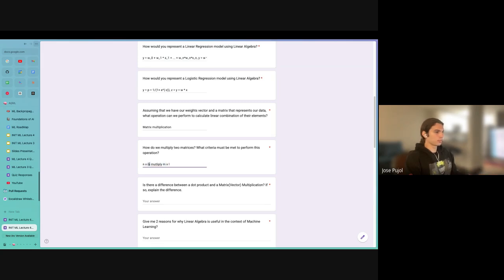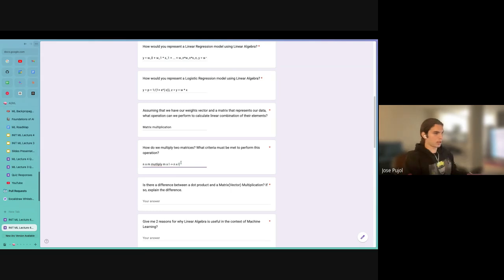So a column has a corresponding row. This is important when it comes to the entries. If the sizes don't match, you can't perform the operation. The resulting matrix is going to be n by l, which is the outer dimensions.